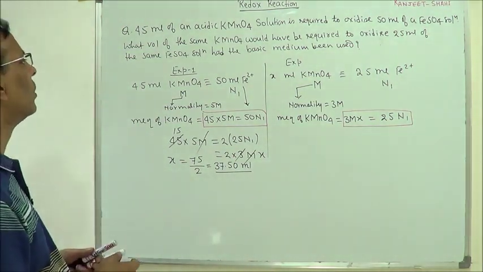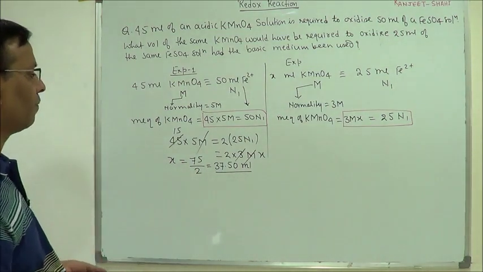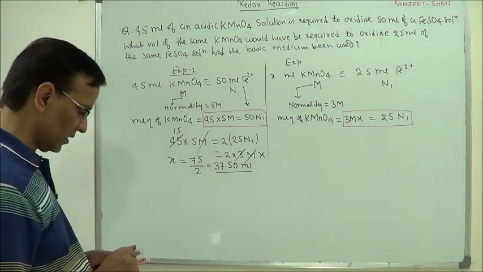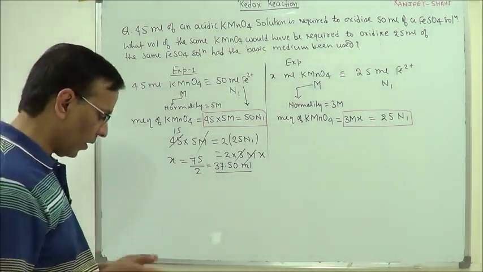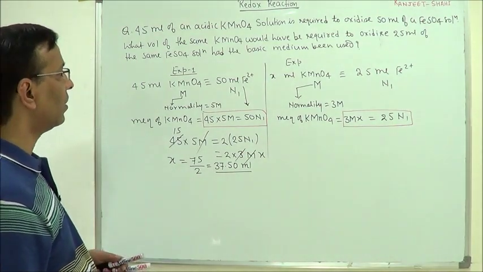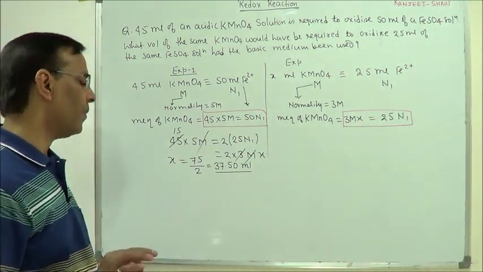So this way we determined that in basic medium 37.5 milliliter of potassium permanganate will be required to titrate the 25 ml of ferrous sulfate solution in basic medium.